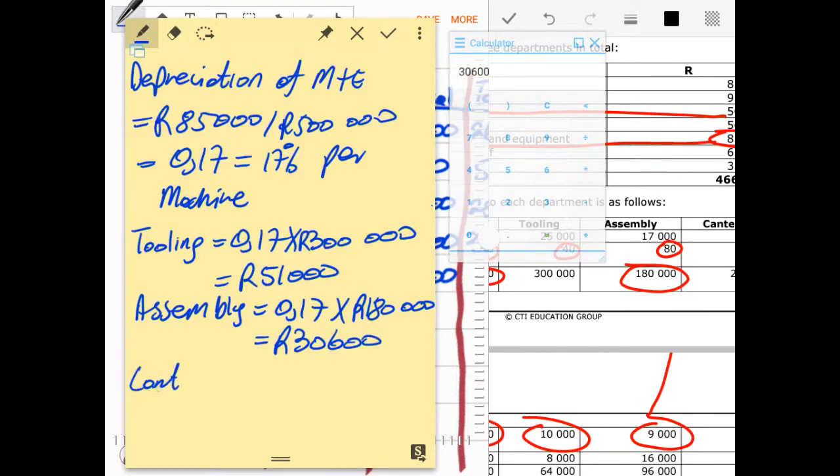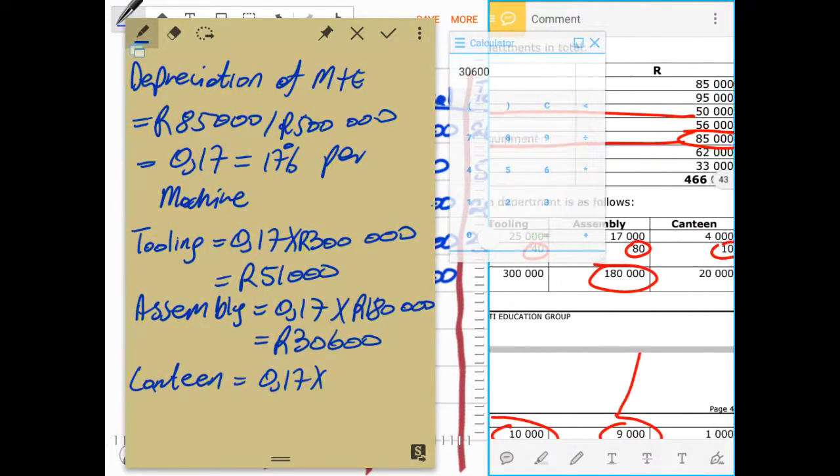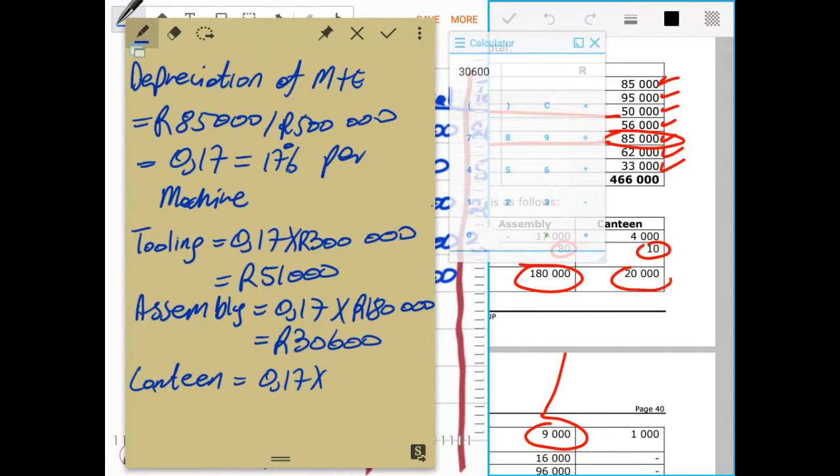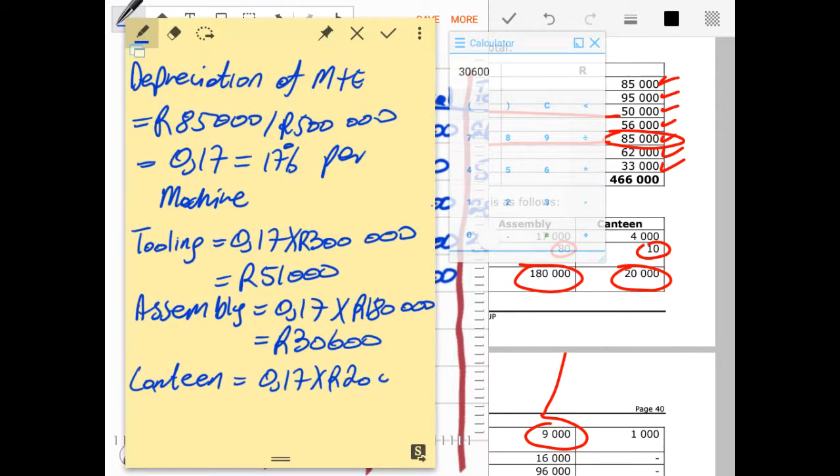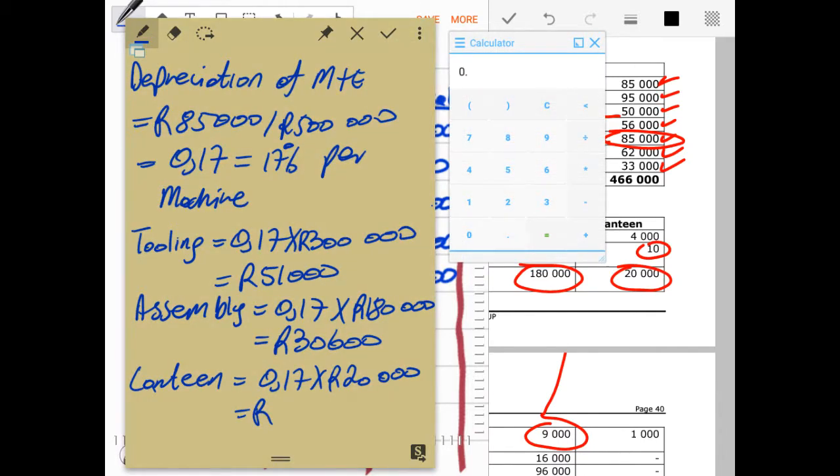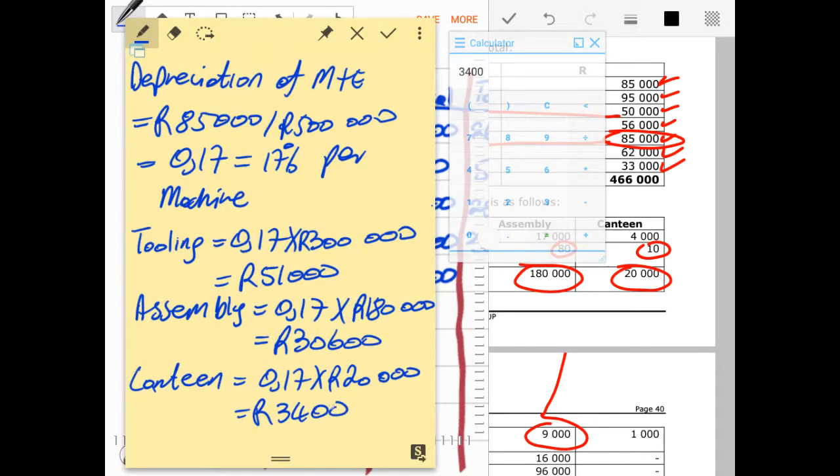And the canteen department will be 0.17 times the value of the equipment and the machine in the canteen department, which was 20,000 rands. This will be 3,400 rands.